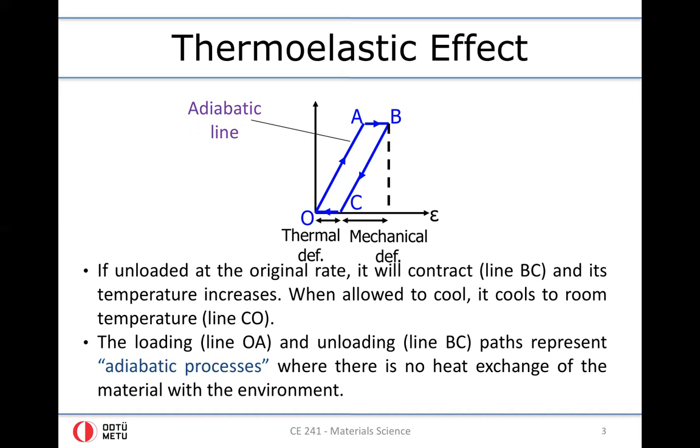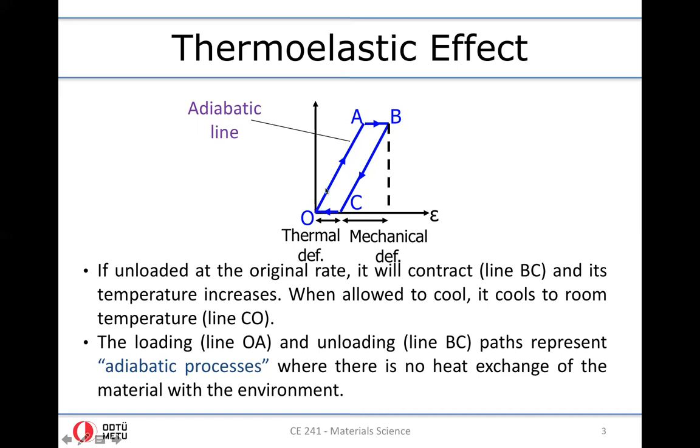And in the loading line from O to A and in the unloading line from B to C, we deform the material at such a high rate that the material doesn't have time to exchange thermal energy with the environment. Therefore, along the line OA and in the unloading branch from B to C, we observe temperature changes.